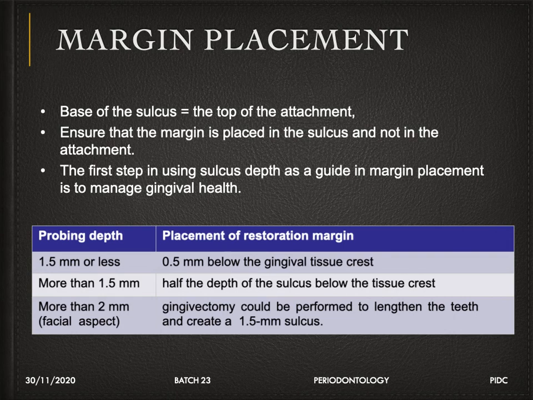If the probing depth is more than 1.5 millimeters, you can keep it up to the depth of the sulcus. If it is more than 2 millimeters, you can think about doing a gingivectomy, bringing it back to 1.5 millimeter sulcus depth, and keeping the restorative margins 0.5 millimeter below the gingival tissue.